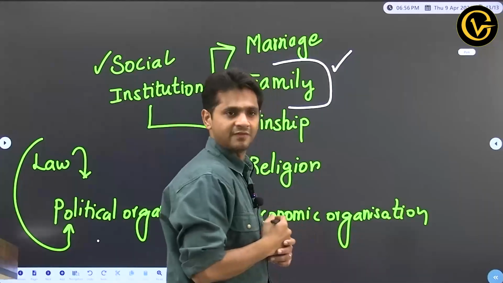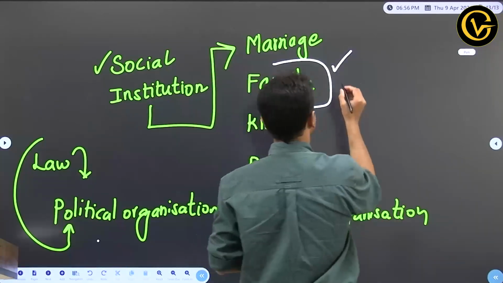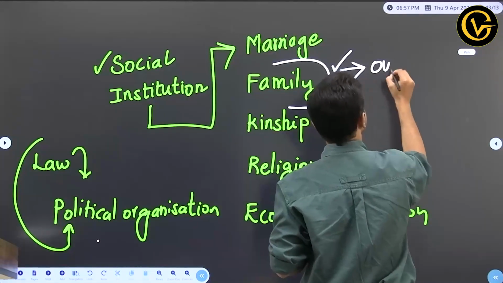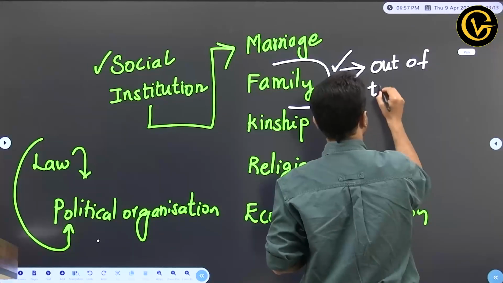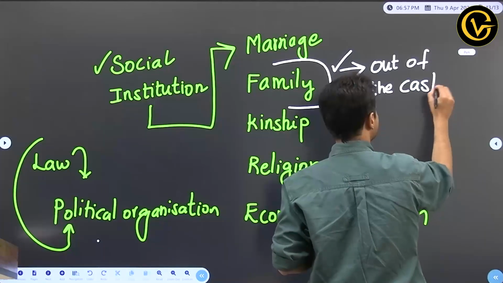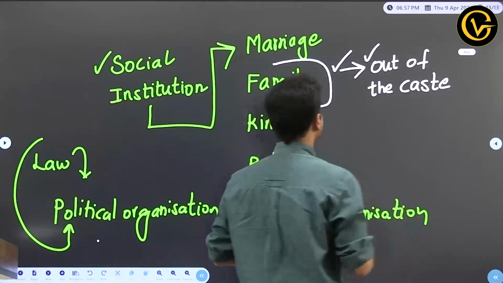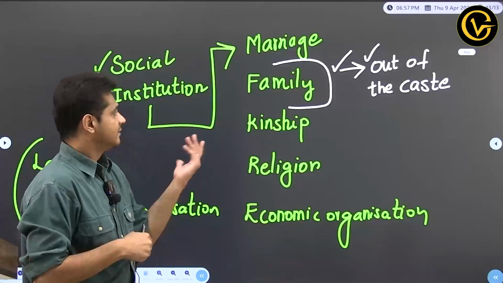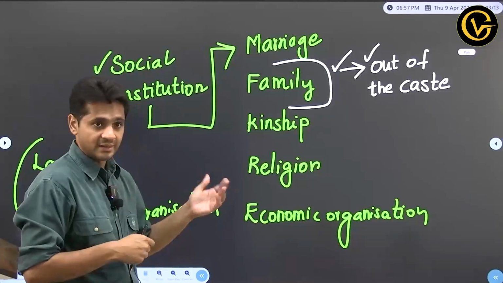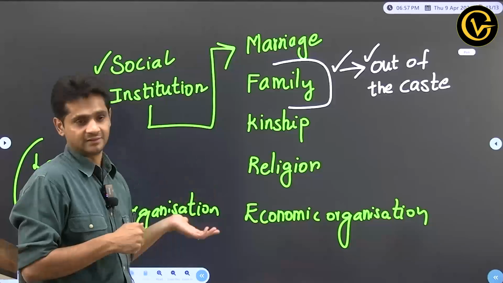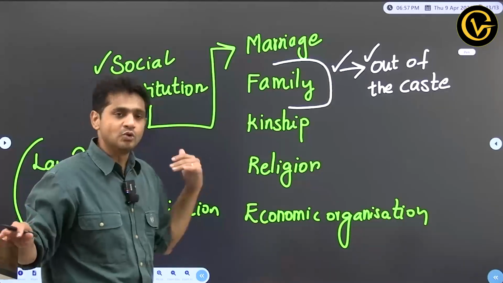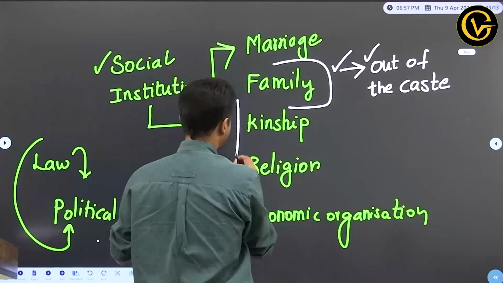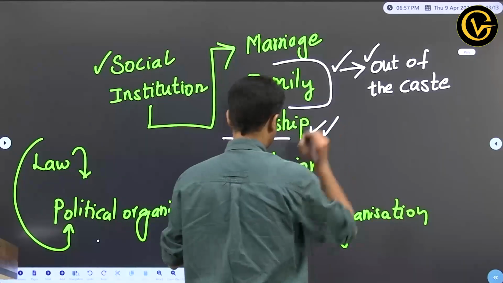Let's say there is a guy who wants to marry someone outside the caste, but he fears that if he marries out of his caste or her caste, her family might no longer show their love, affection, or help financially. I'm not saying it is wrong, but this guy might not do it out of fear. Like that, you may not do anything wrong out of fear for family. Sometimes people do not commit wrong out of fear of losing relationships.